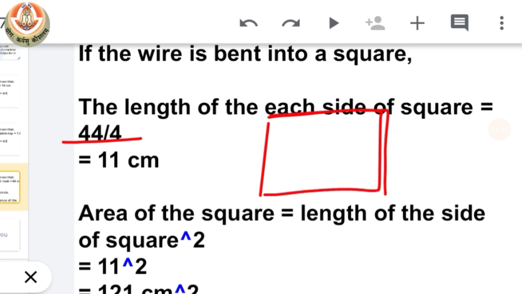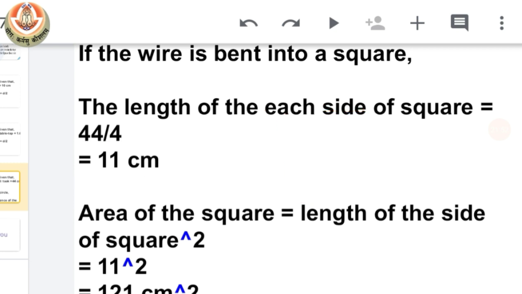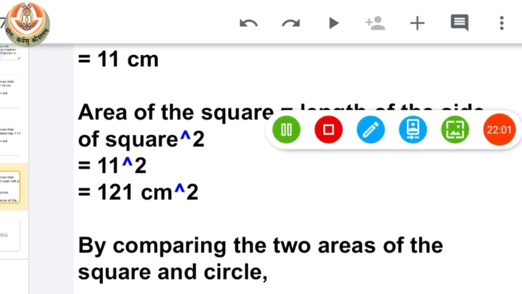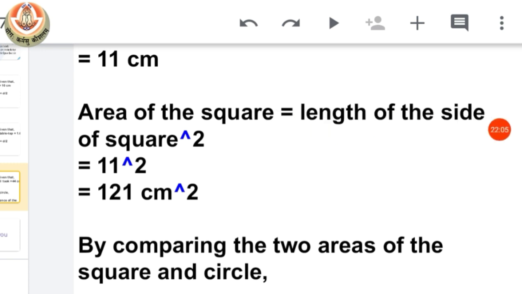So if perimeter is 44 centimeters, length of its one side is 44 divided by 4, which is 11 centimeter. Now we can easily find the area of the square also, because the formula is square of its side. So area of square will be square of 11, that is 121 centimeter square.